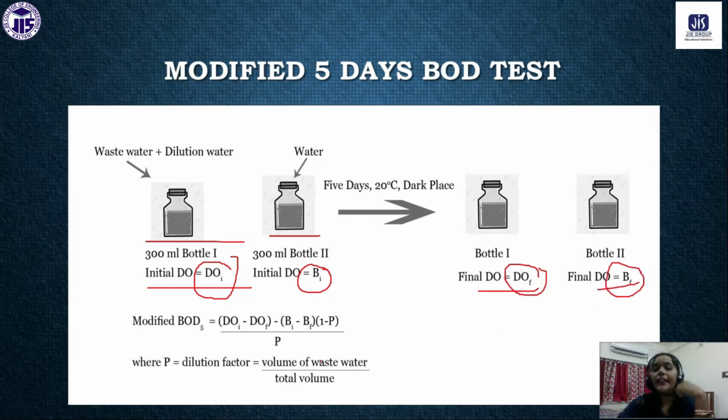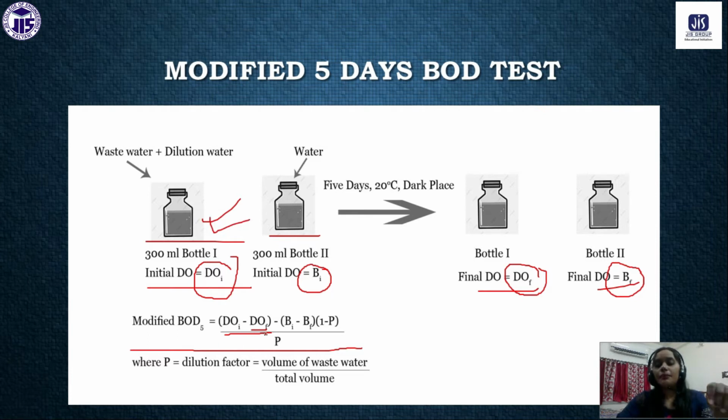Now what will be the equation of the modified test? That is DOI minus DOF. Look here, DOI minus DOF. It means DOI, the initial value of dissolved oxygen for bottle 1, and the final value of dissolved oxygen for bottle 1 again.